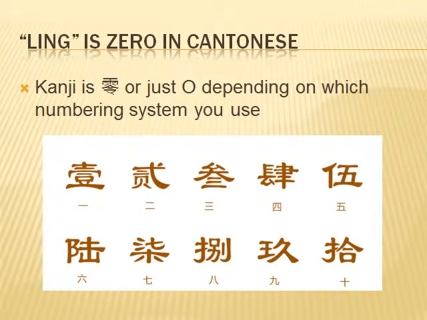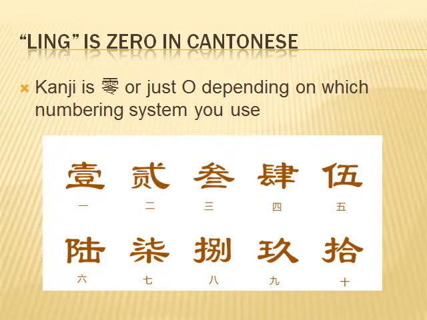So how come the kanji of 0 has more than one form? Well, to confuse you even more, our numbering system can actually be written in three forms.